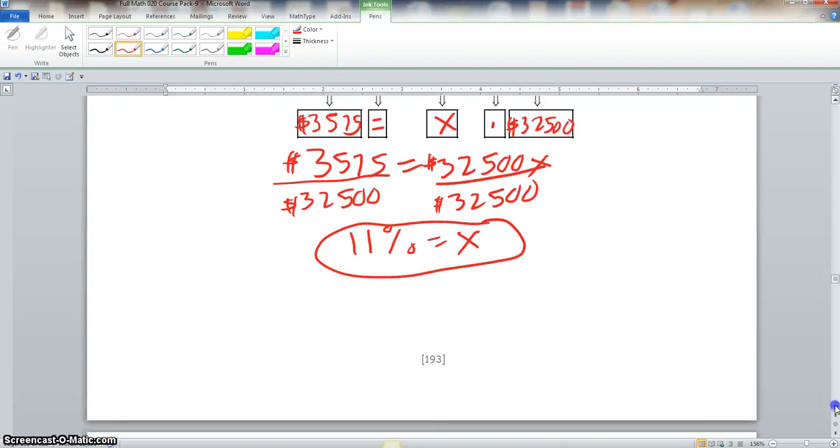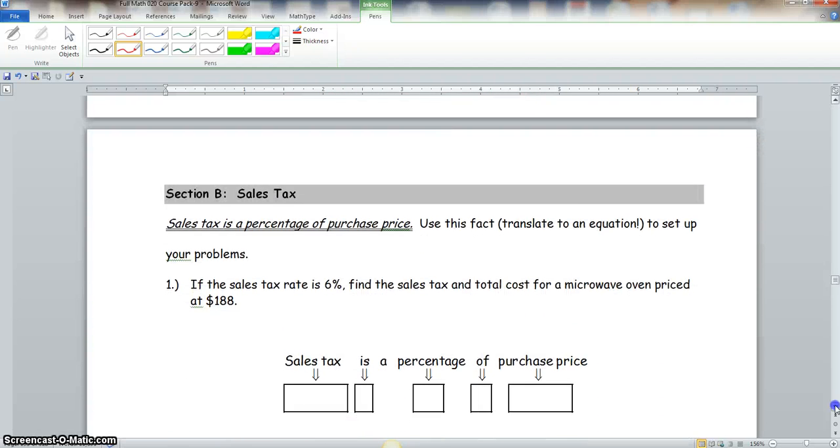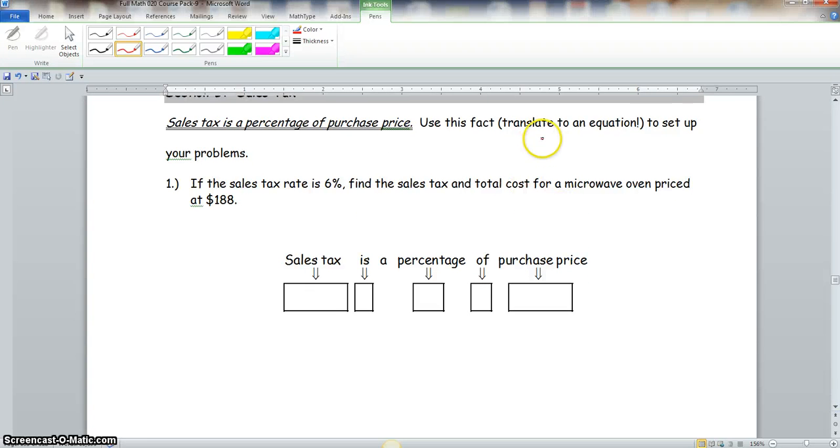Now we scroll here to problem number 3, sales tax. Okay, now it says use this fact, translate to an equation to set up your problems. If the sales tax rate is 6%, find the sales tax and total cost for a microwave oven priced at $188. Now, we don't know what the sales tax is, so it's X. Is means equal. The percentage is 6%. Of means multiplication.